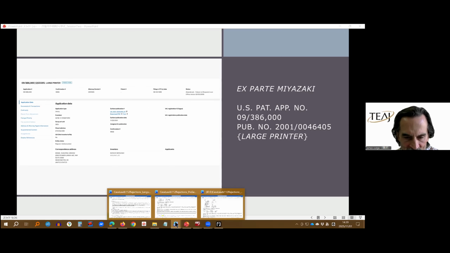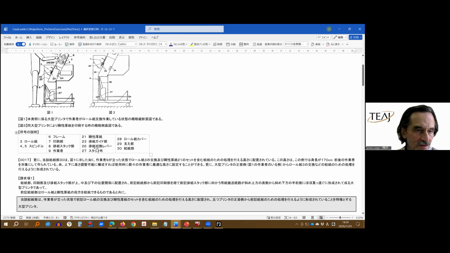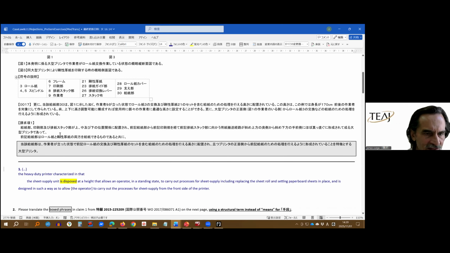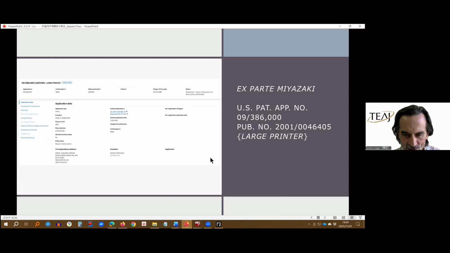I know that everyone will have the title there before them, because it's in the claim itself, Ogata Purinta. I'll talk about the problem with saying large printer in just a moment.